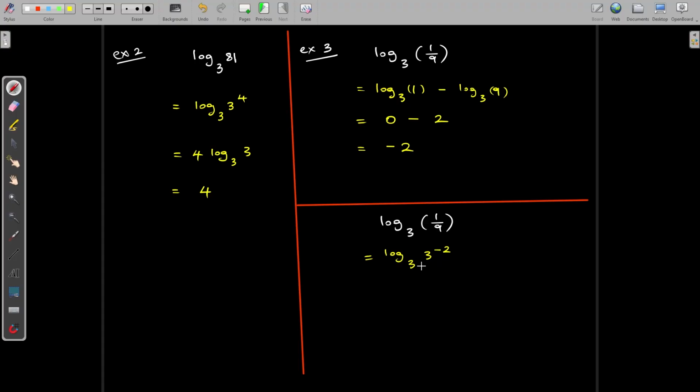Alright, so the second approach, we converted the 1 over 9 to 3 raised to the negative 2. And as you know, the law states that we bring the negative 2 to the front. So our answer is just negative 2. And it's the same answer here, same answer here, with two different approaches. So sometimes these questions will present you the opportunity of using different ways and arriving at the same answer.